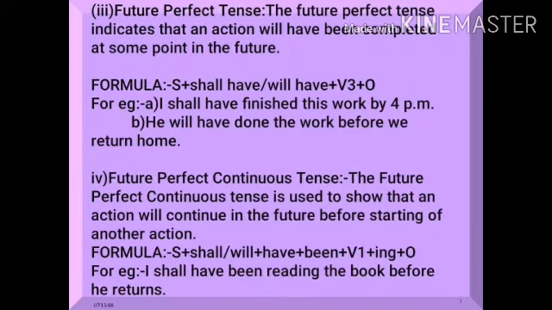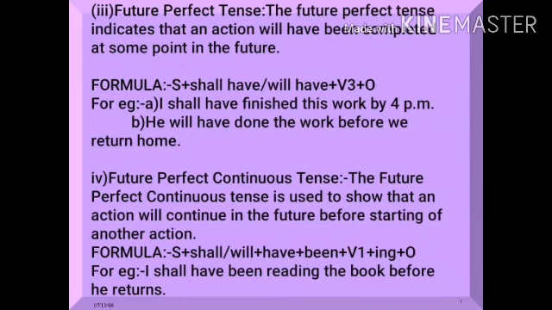Now, the last kind of tense, which is future perfect continuous tense. Here I have written, you can see, the definition at first. The future perfect continuous tense is used to show that an action will continue in the future before the starting of another action. Again I am repeating, future perfect continuous tense is used to show that an action will continue in the future before the starting of another action.